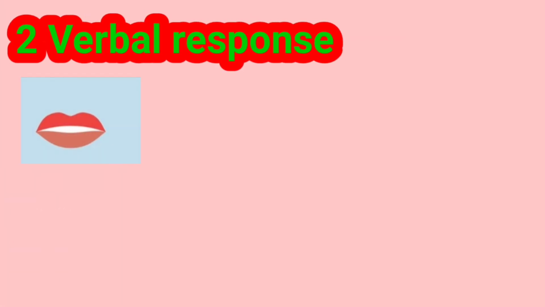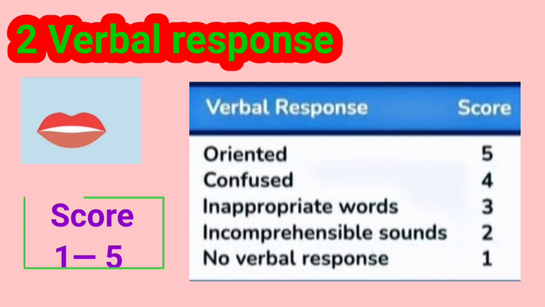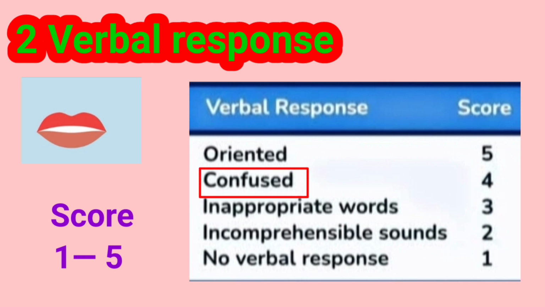Next, we assess the verbal response, which has a score of 1 to 5. If the patient is oriented, they know who they are, where they are, and what day it is, then the score is 5. A confused but coherent response, then the score is 4.